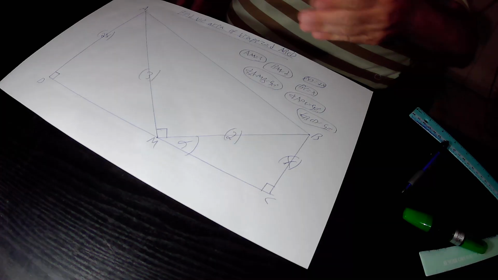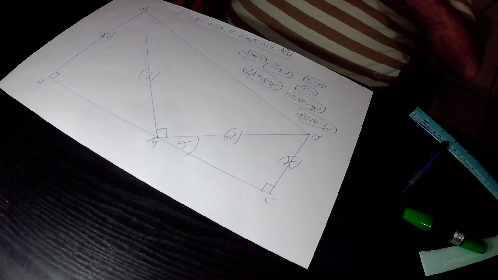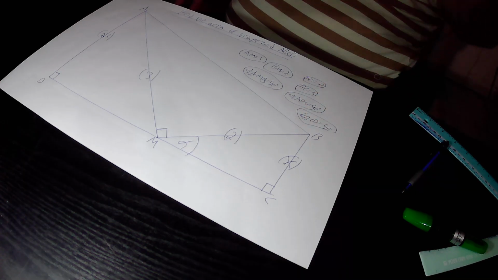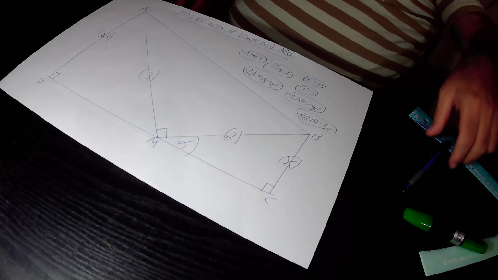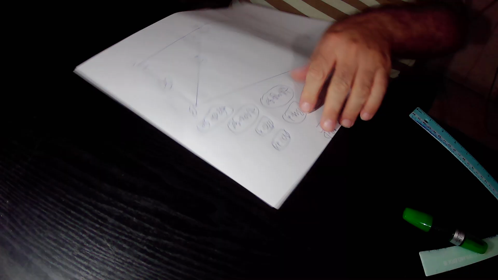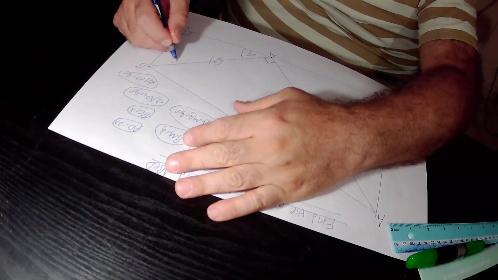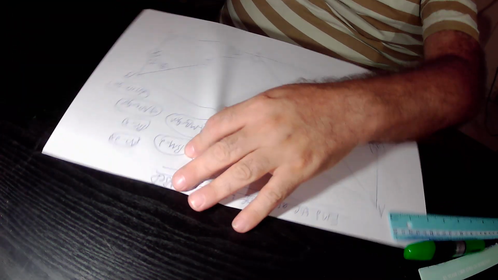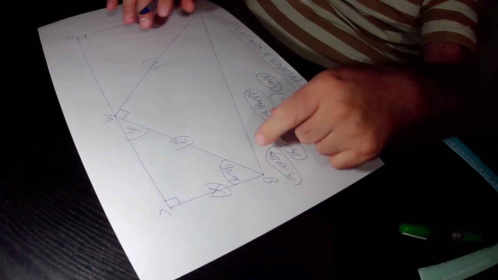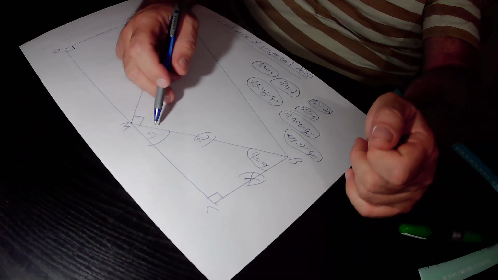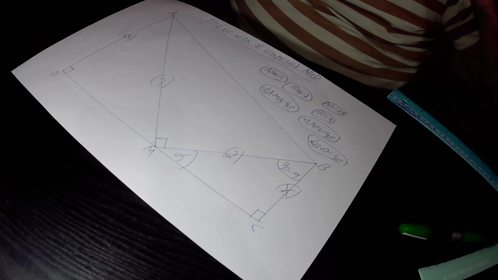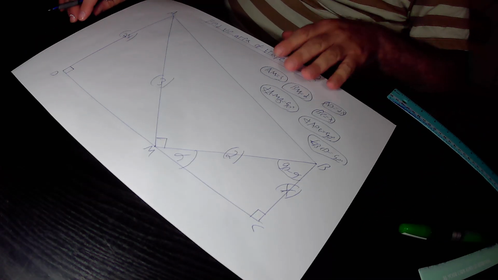In this small right triangle MBC, this angle equals alpha, this angle equals 90 degrees. Therefore, this third missing angle must be equal to 90 degrees minus alpha. Why? Because 90 degrees minus alpha plus alpha is 90 degrees, and 90 degrees plus 90 degrees is equal to 180 degrees. That is the sum of the angles in any triangle.